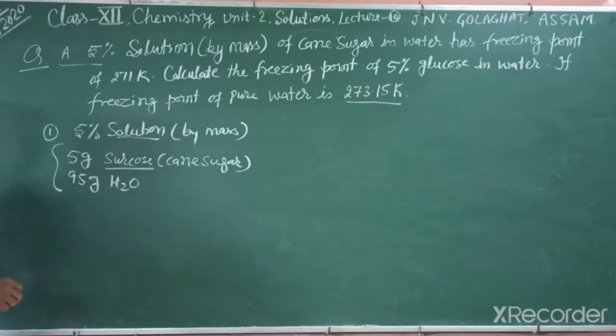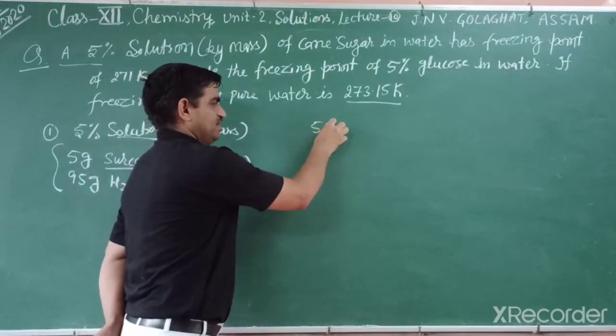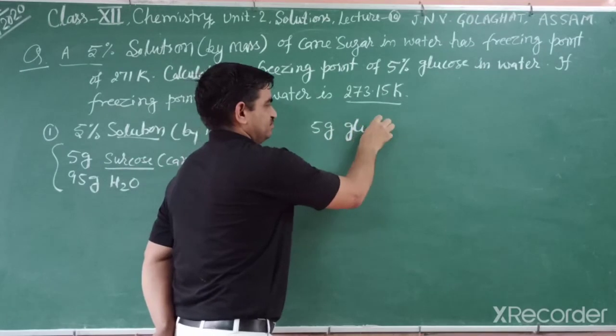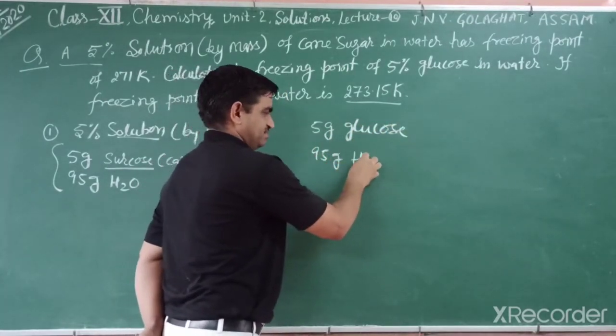This is the 5%. The other, 5% glucose, means 5 gram glucose given and 95 gram water.